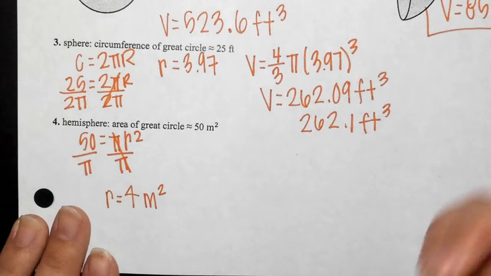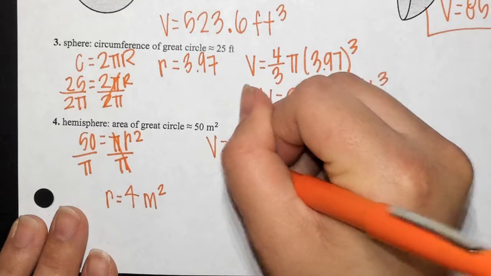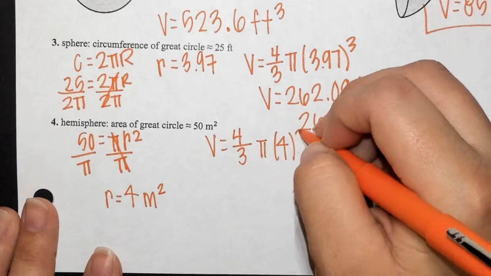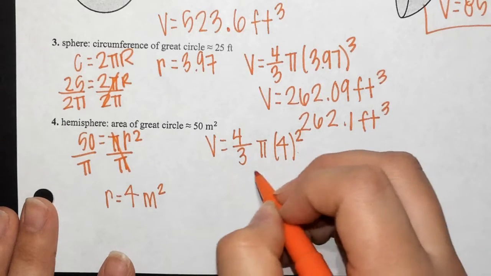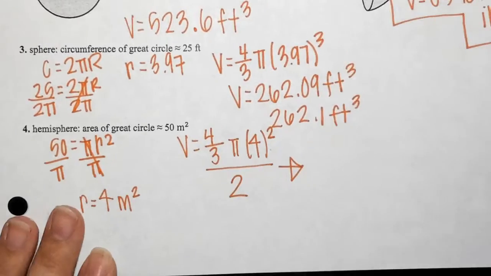Now, we need to plug it into the volume formula. You writing this down? But after I find the volume, what do I need to do? Because it's a hemisphere. Good.